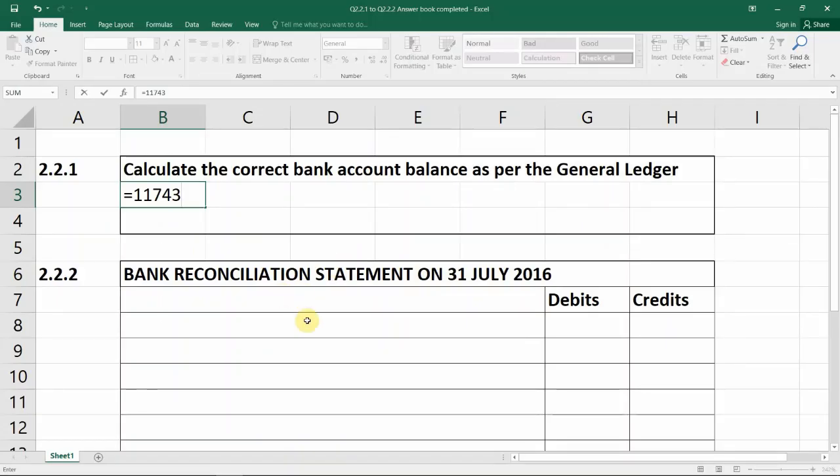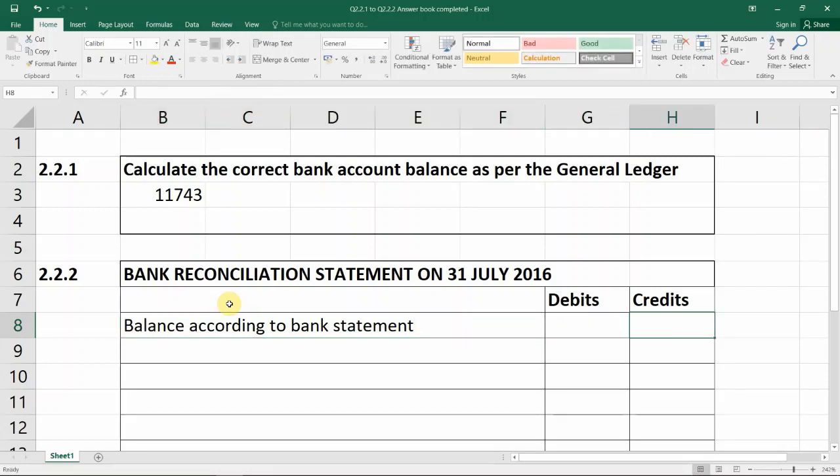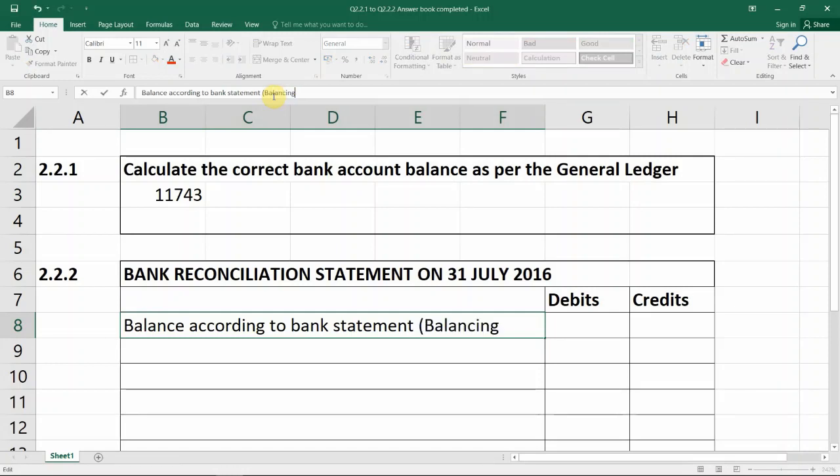So in our bank reconciliation statement on 31 July, we have balance according to bank statement, which we don't know at this stage, and well, it could either be a debit or a credit, but I suspect it's going to be the balancing figure.